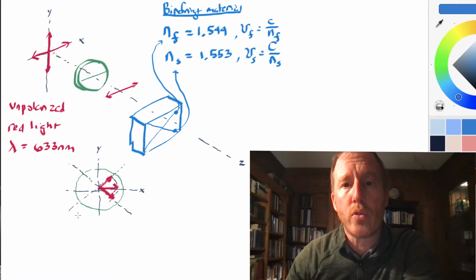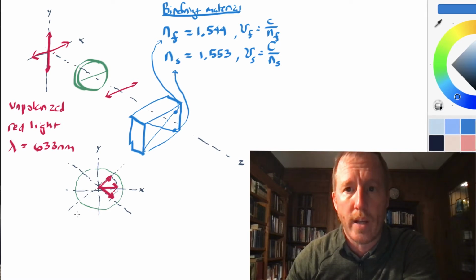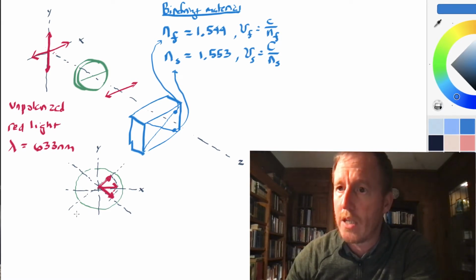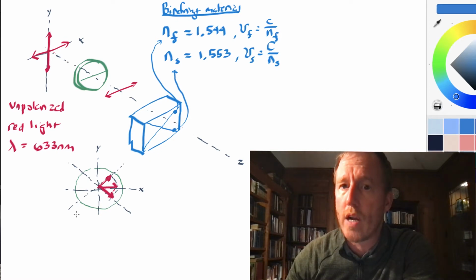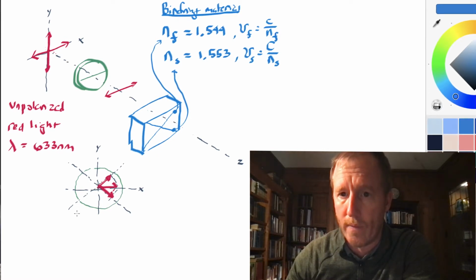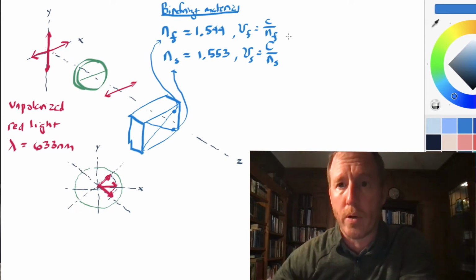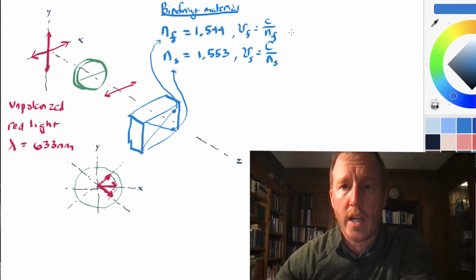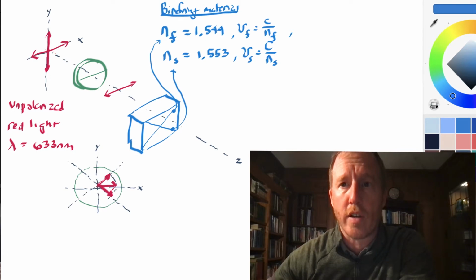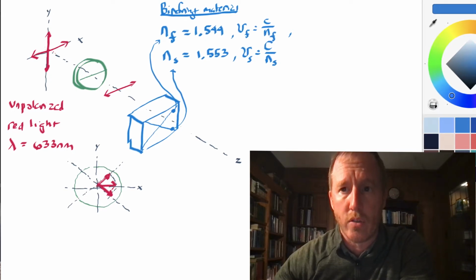And those two rays of different polarization will travel at different speeds through this crystal. And if they travel at different speeds through the crystal, by the time they travel all the way across the crystal, they will have gone through a different number of oscillations, because remember, the wavelength in a medium is different when it's traveling at different speeds.